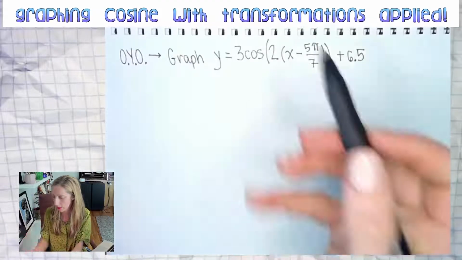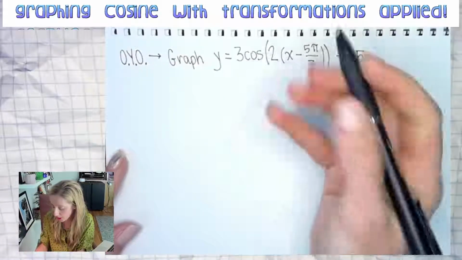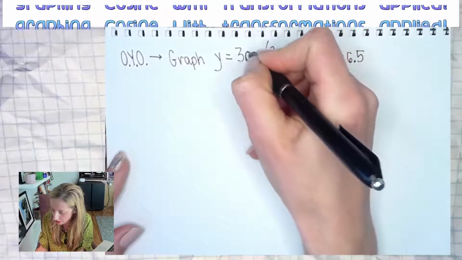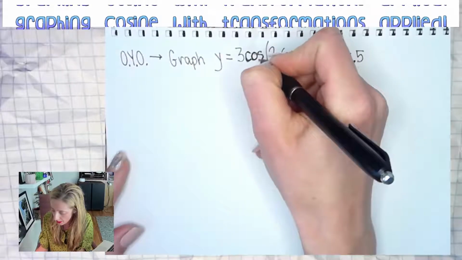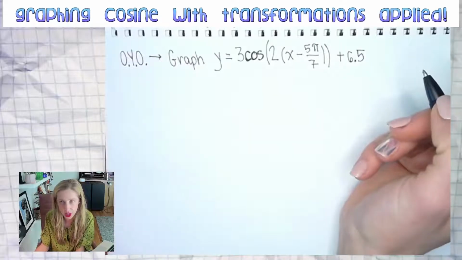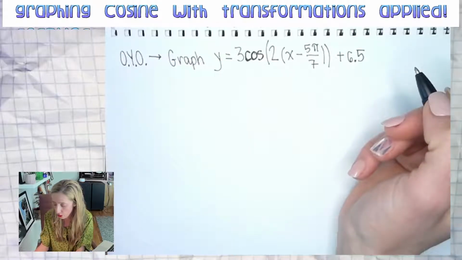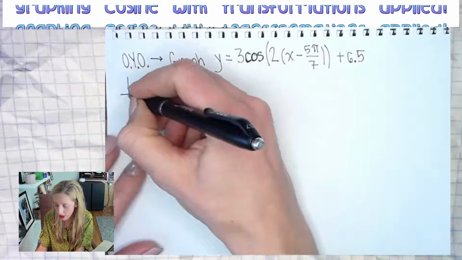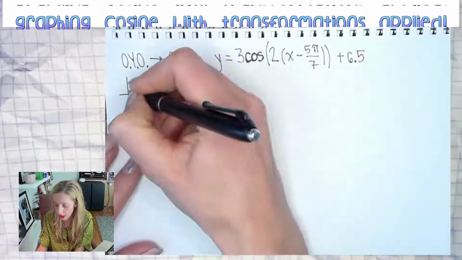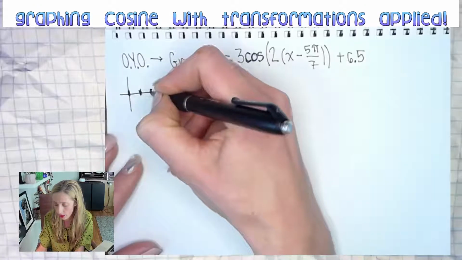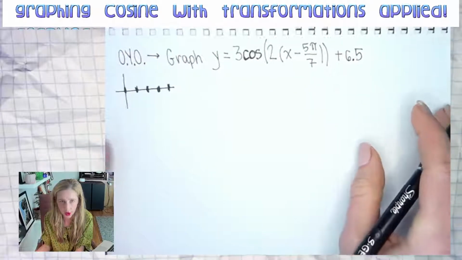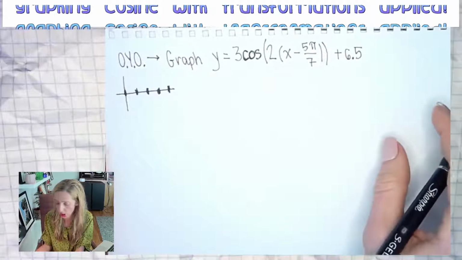But let's get going. First thing I notice is I have a cosine equation that I'm trying to graph. Not only is this cosine, but it is positive cosine. So I need to recognize what the shape is going to be. If you know the cosine parent function, you use the tick marks of the quadrantal angles, 0, pi over 2, pi, 3 pi over 2, and 2 pi to check in with your cosine values and get that shape.